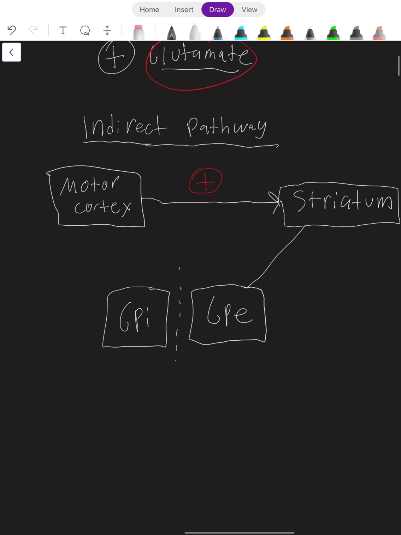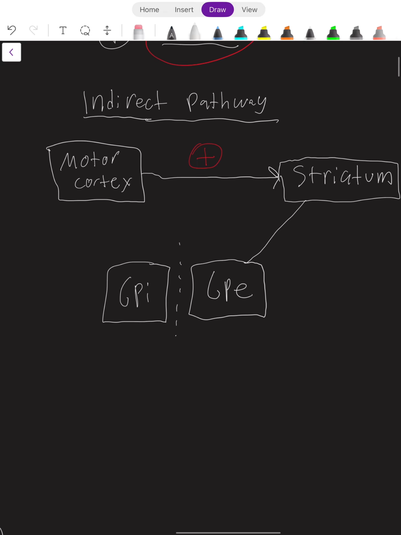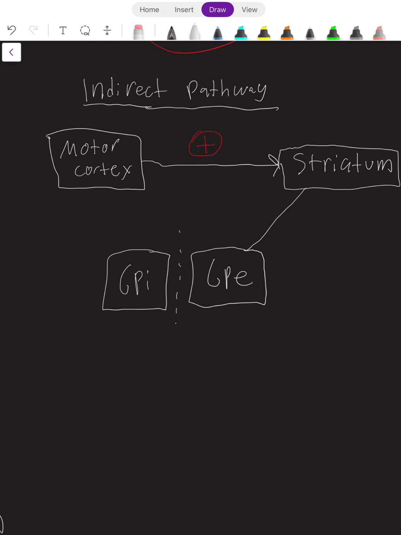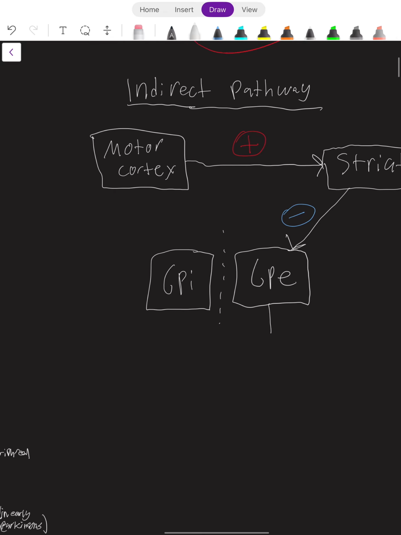That's an important distinction because they connect to different structures within the indirect pathway here. So we want to label this one as inhibitory, right? Inhibitory.